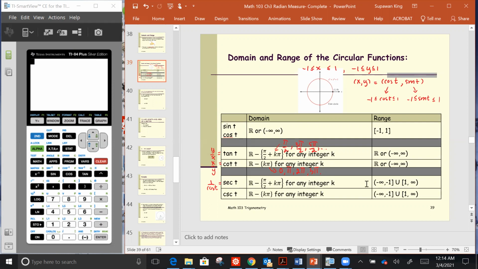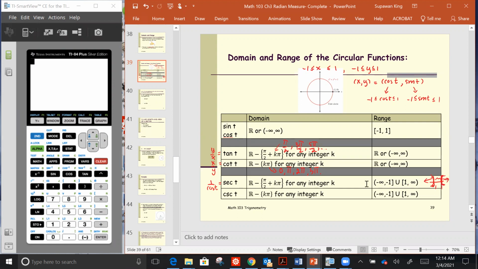Since the cosine is between -1 and +1, the reciprocal is going to be outside of that bound. That means you skip the interval between -1 and 1. You take anything from the left, anything from the right, that means from -1 and below, including -1, and from +1 all the way to +infinity.